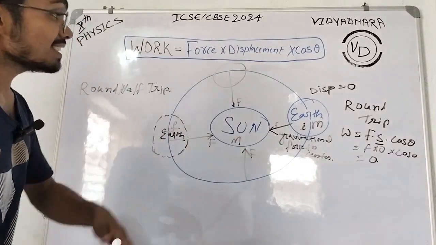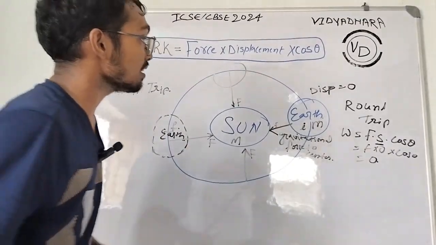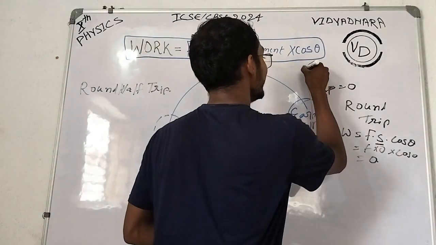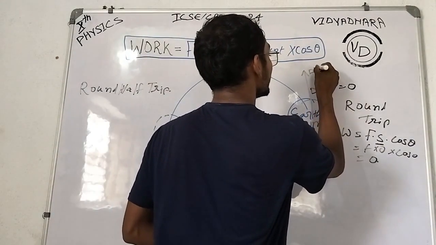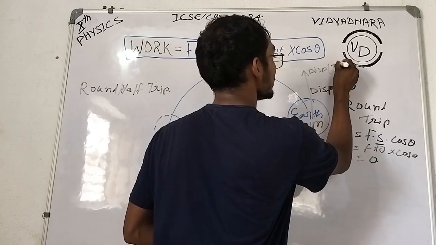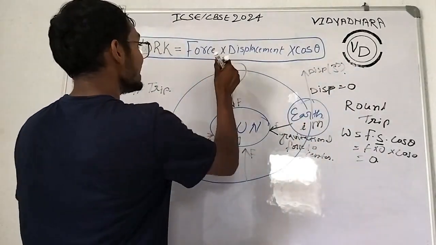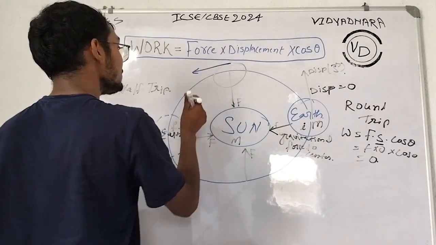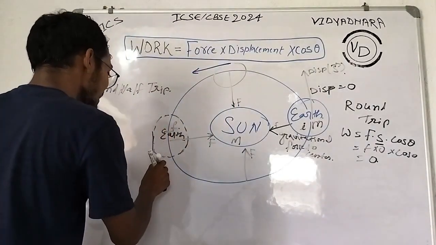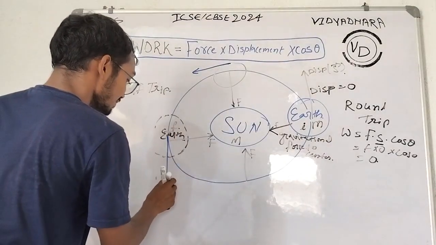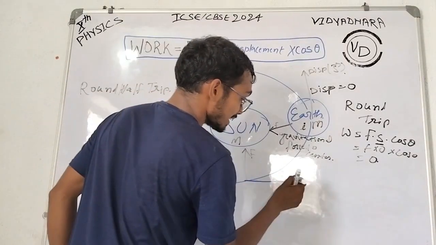So what is the displacement of this earth? Here the displacement is like this, here the displacement is like this, and here the displacement is like this.